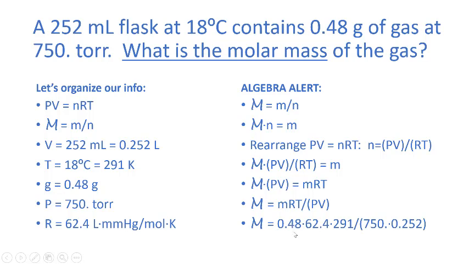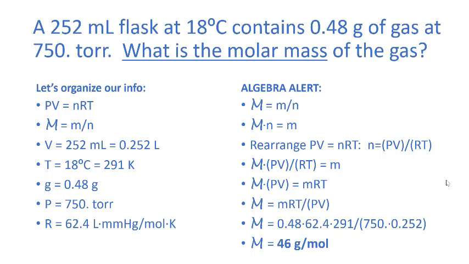So my 0.48 there gives me grams, and my moles is in the R. So the moles will be the only one that's left over that doesn't cancel out. The pressure cancels, the volume cancels, the temperature cancels. Wow, that was complicated. And when I plug in, I get 46 grams per mole, 2 sig figs. Remember, hang on and I'll give you a nice shortcut in a second.